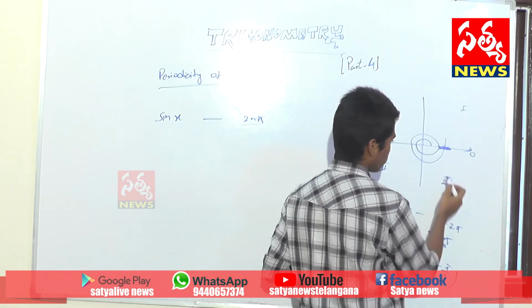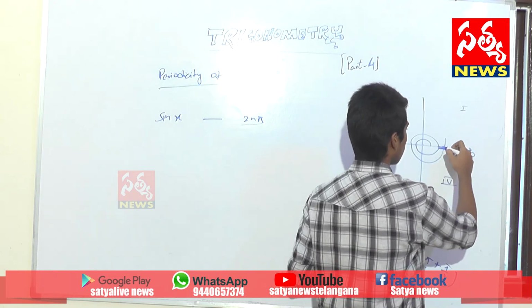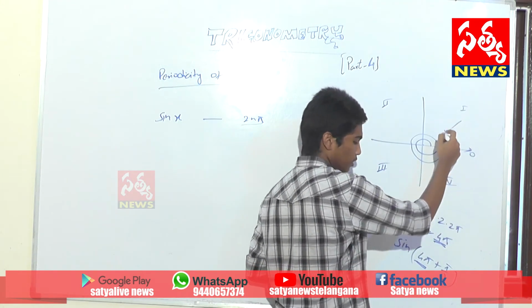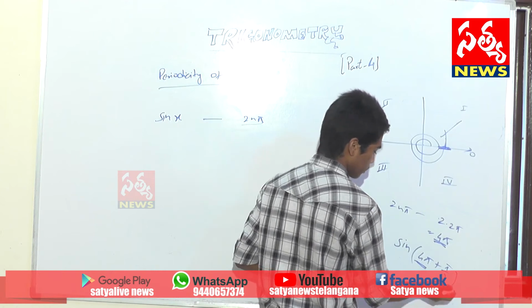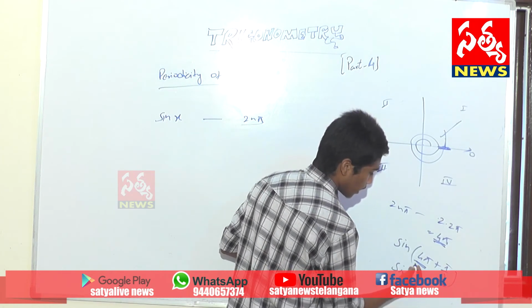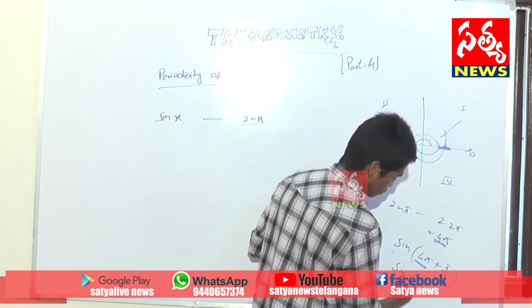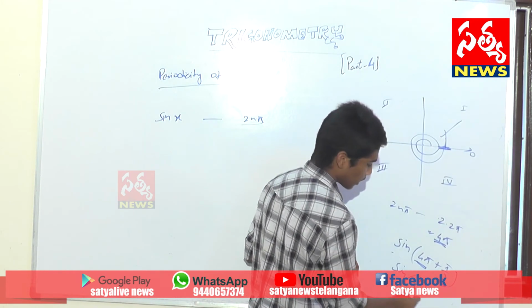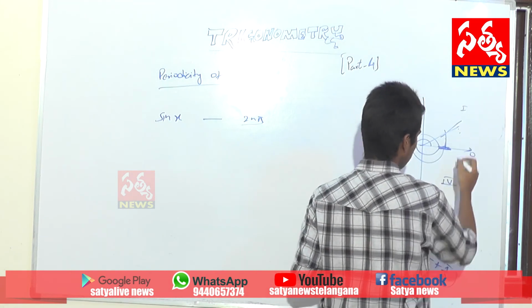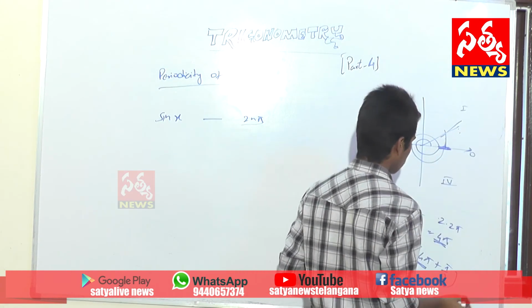See here, 4 pi is here. After 4 pi in the first quadrant, sine is positive and the angle is pi by 3. As pi by 2 is not there, the trigonometric ratio is not going to change. We get the same as sin pi by 3, which is positive as it is in the first quadrant.